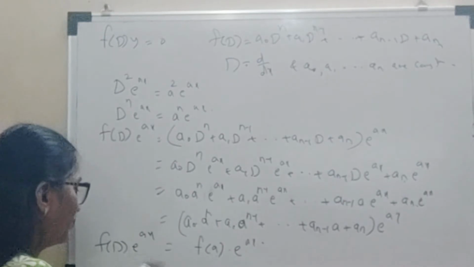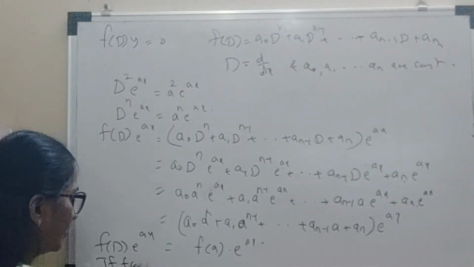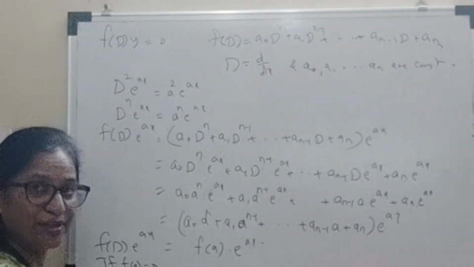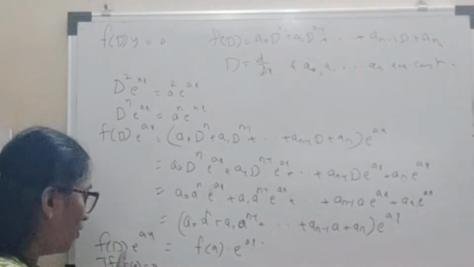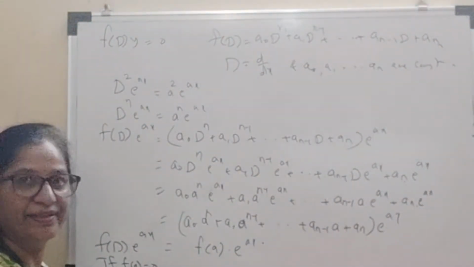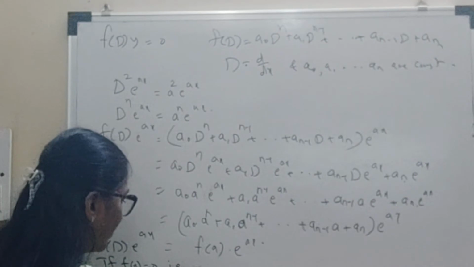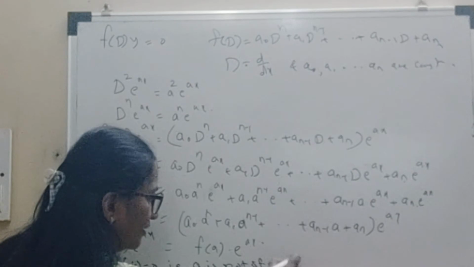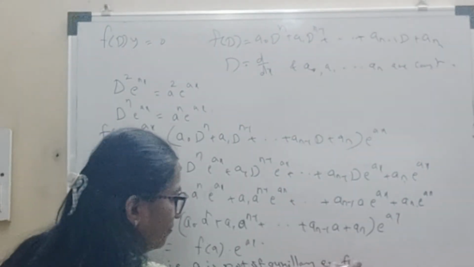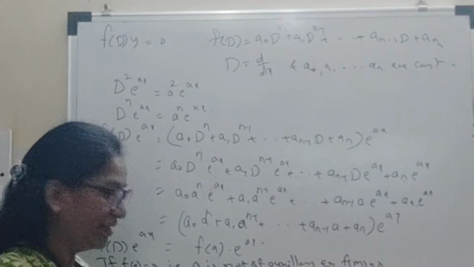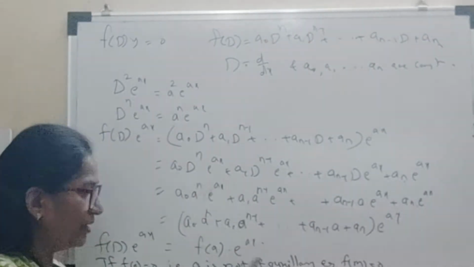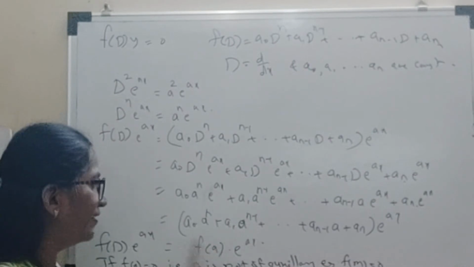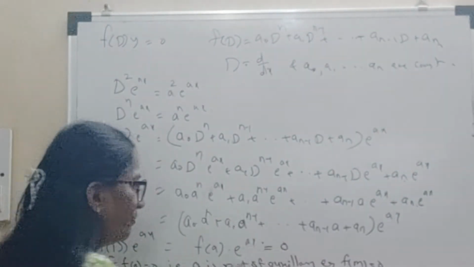Now, if f(a) is equal to 0, what exactly does it mean? f(a) equal to 0 means a is a root of the auxiliary equation f(m) equal to 0. So if a is a root of the auxiliary equation f(m) equal to 0, then f(a) is equal to 0, and if f(a) is equal to 0, then this term will be equal to 0.